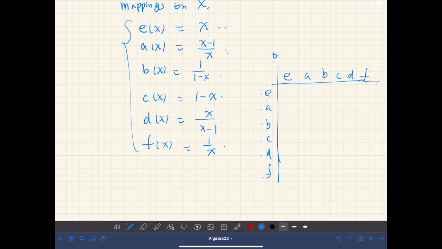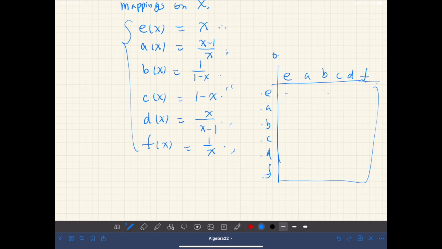So try to compose all of these and fill in this table with one of these symbols. Then all the results of multiplications should be one of these. If you can check that, then you confirm that this is a group.